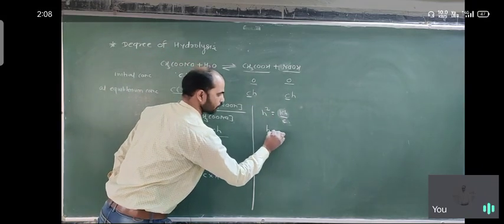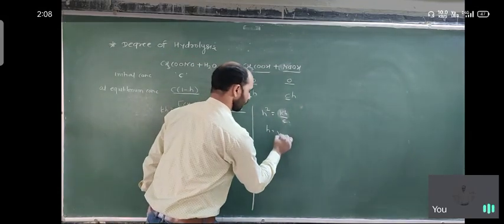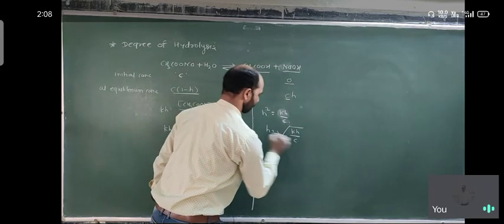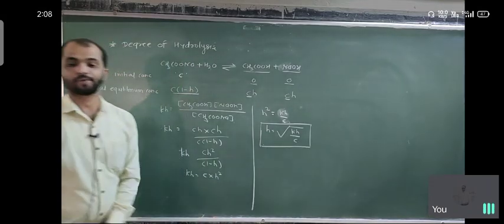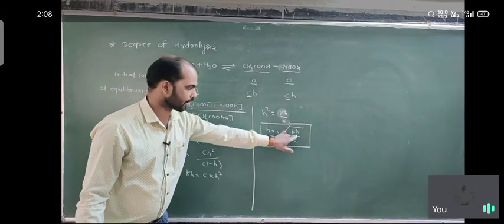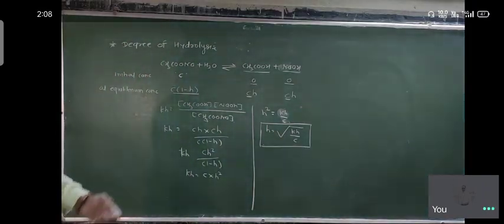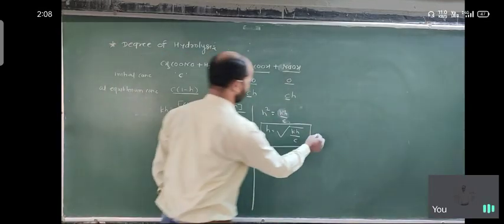So h is equal to the square root of Kh upon C. h is the degree of hydrolysis, and the relation is h is equal to the square root of Kh upon C. So we have two equations. This is equation number 10.